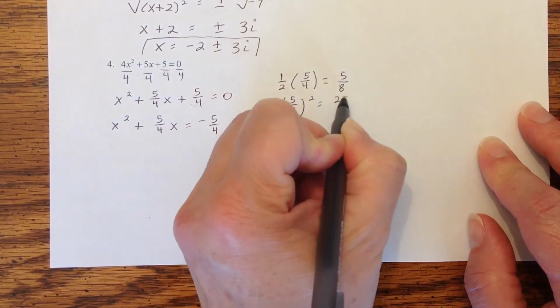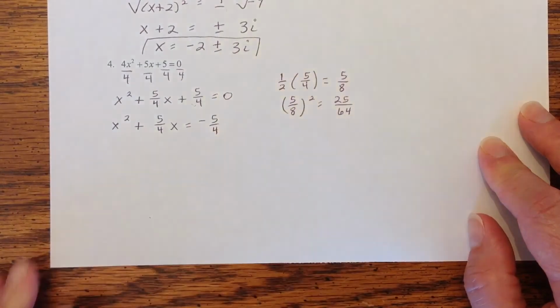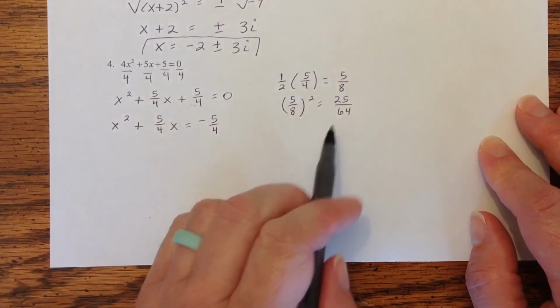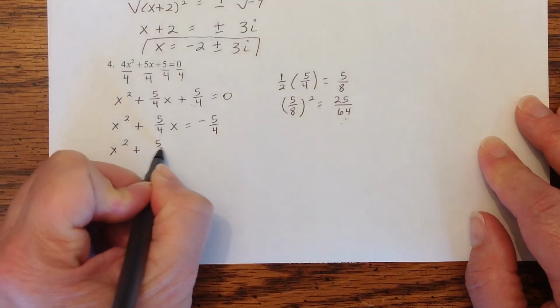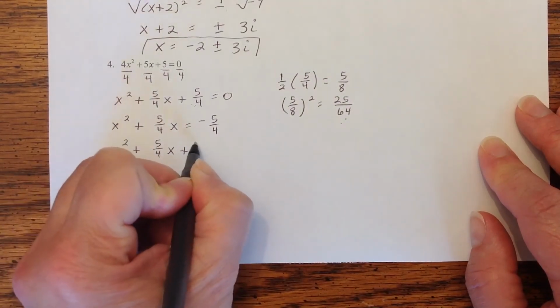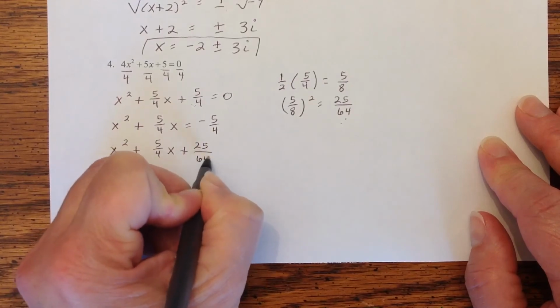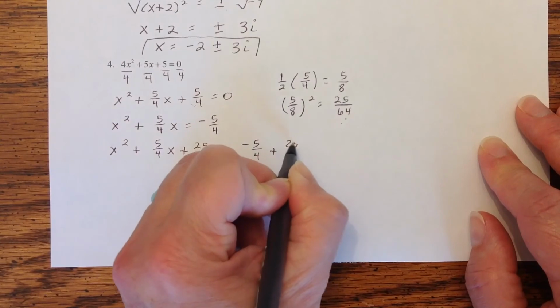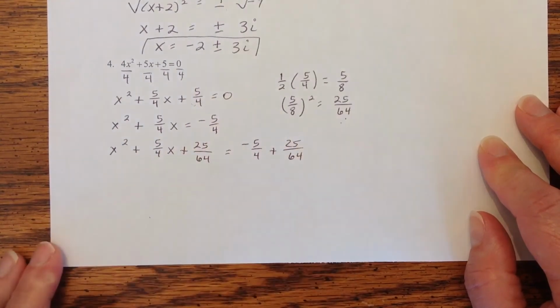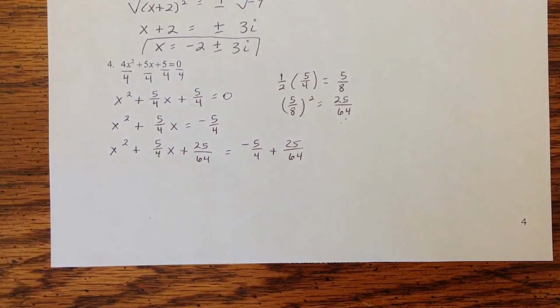So I'm going to get 25/64. This value is added to both sides, so I get x squared plus 5/4 x plus 25/64 equals negative 5/4 plus 25/64. The trinomial now factors.